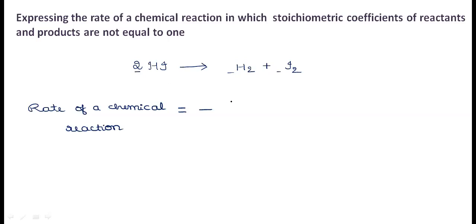So directly you can write the definition of rate as delta or D concentration of the respective species, HI, divided by change with respect to time, delta T. As it is a reactant, we are writing the negative symbol. Now, if the value of the stoichiometric coefficient is equal to 1, so if you write this, it is sufficient.